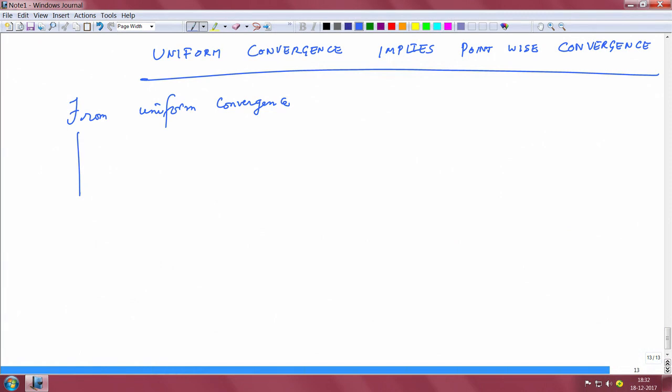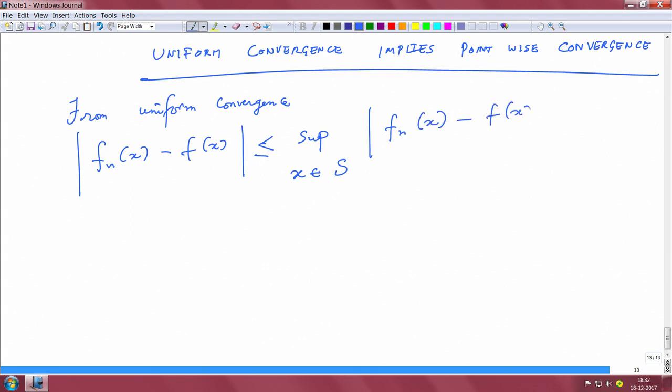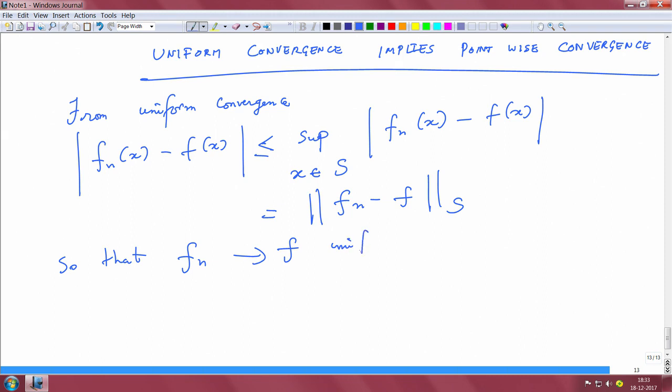So, absolute value of fn x minus f of x is less than or equal to the supremum over all x belonging to this set S of absolute value of fn of x minus f of x, which is basically in our notation the norm of fn minus f on this set S, so that fn heads to f uniformly on S as n goes to infinity.